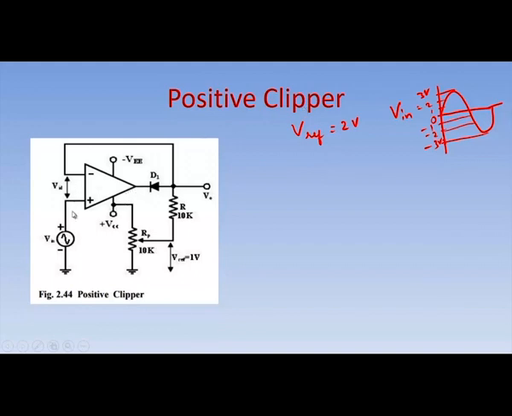Now, the input signal is given to the positive terminal, so you have to get the net result of the voltages at these two terminals. We will calculate: if Vin is equal to 0 and V reference is equal to 2 volts, V out will be equal to V in minus V reference, because V reference is given to the negative input terminal of the operational amplifier.